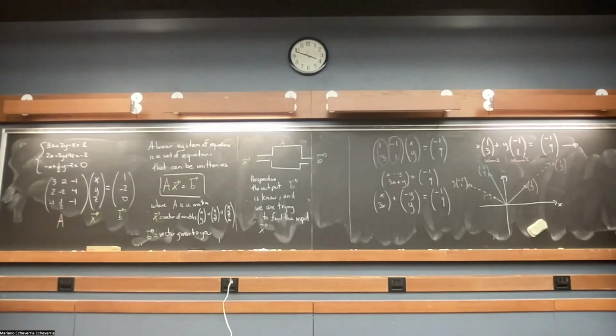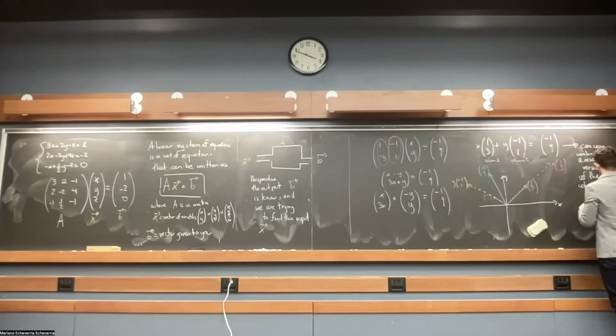Like, can you combine a rescaled version of the columns of the matrix to get the vector v?